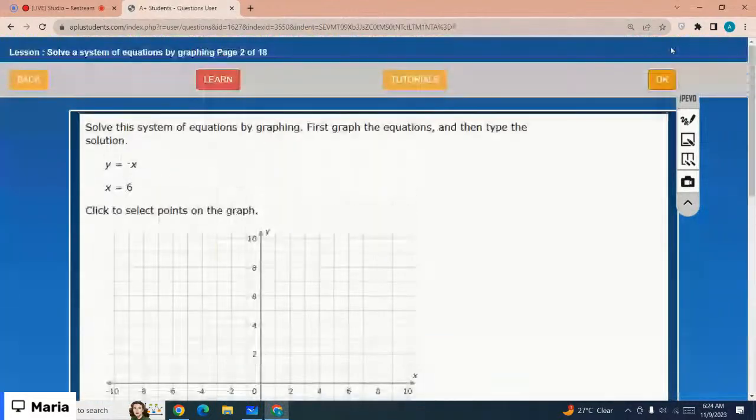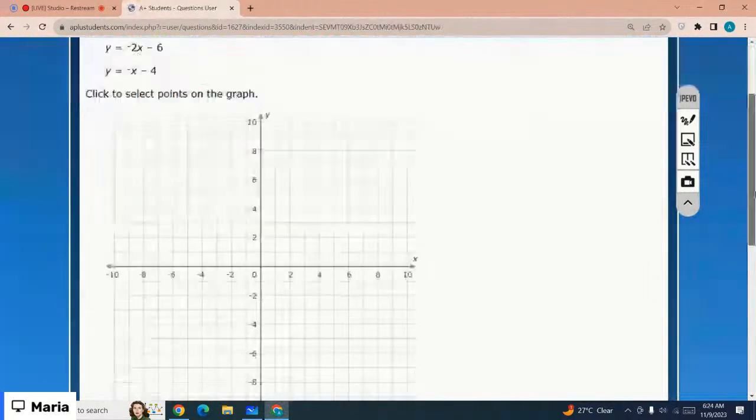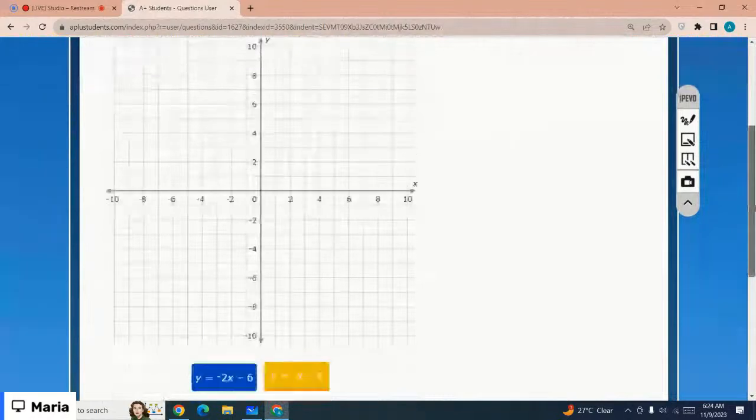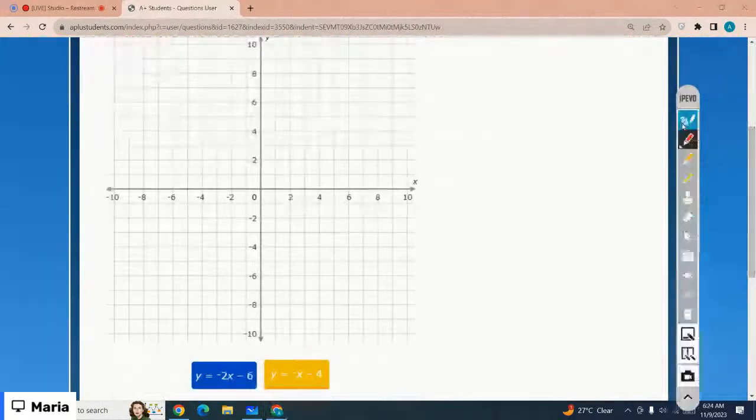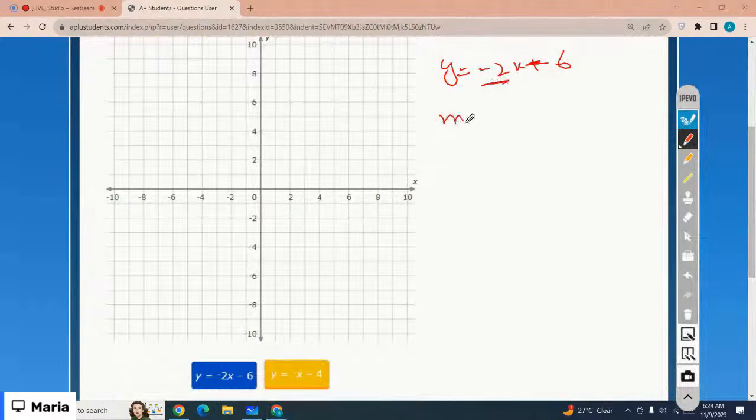Let me just do the one that has the proper equations. Okay, I will do this one. Just look at equation 1. Y equals negative 2x minus 6. Okay, the slope is negative 2. M equals negative 2. The y-intercept is negative 6, right?